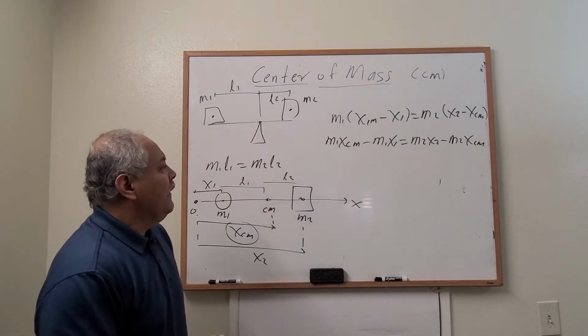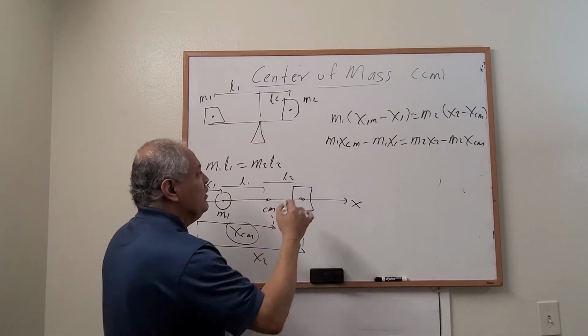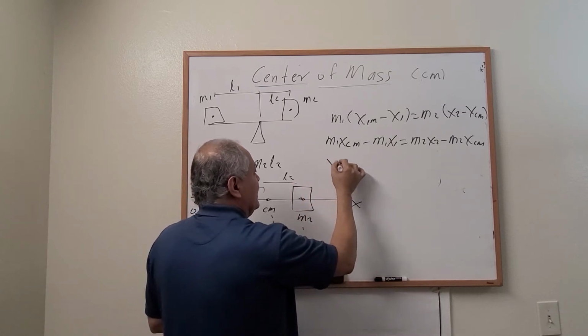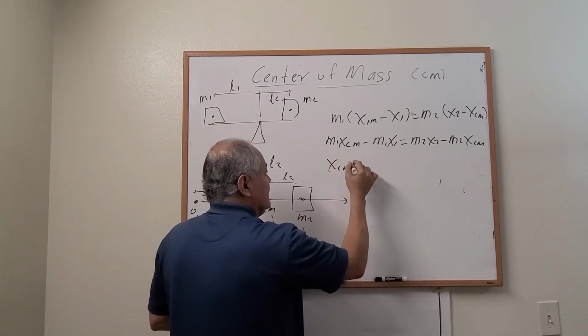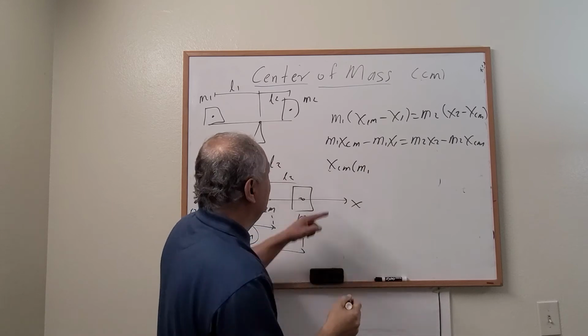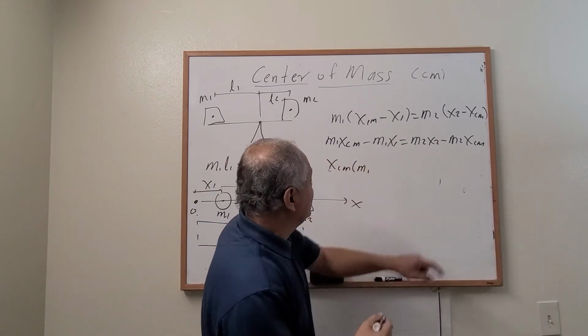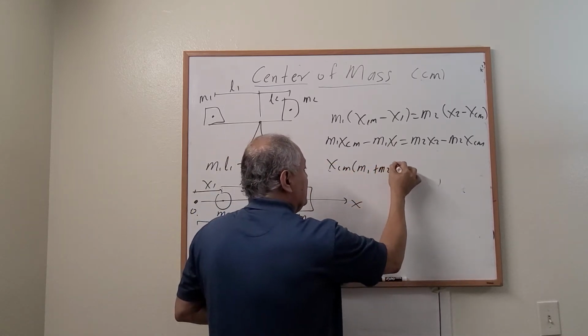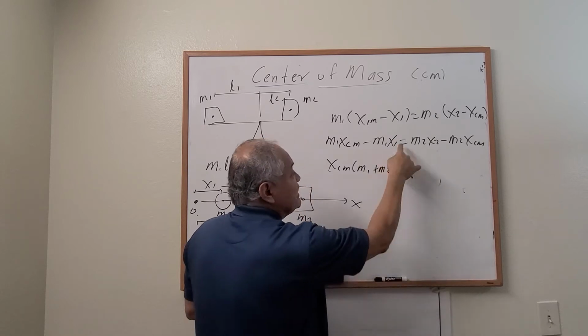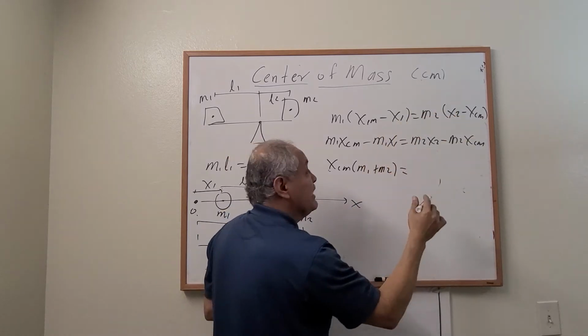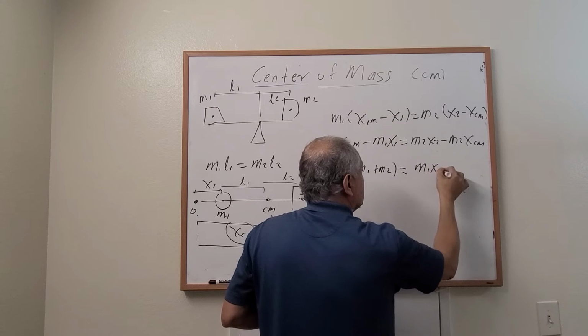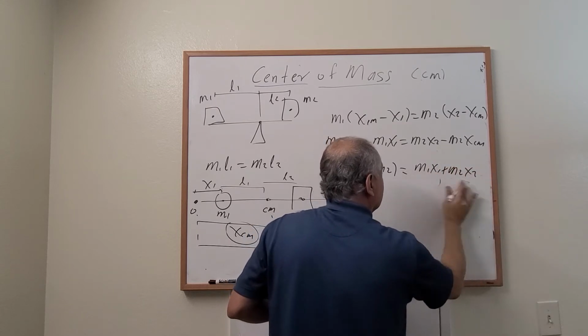Perfect. Let's arrange it again. And what do we have? We have that this quantity times M1 plus M2 must be equal to, look, this term is negative, it goes positive to the other side, M1 X1 plus M2 X2.